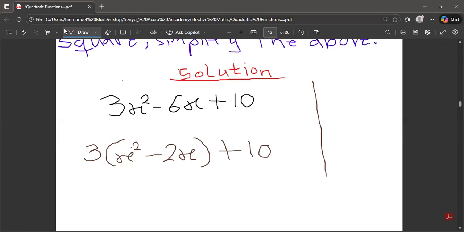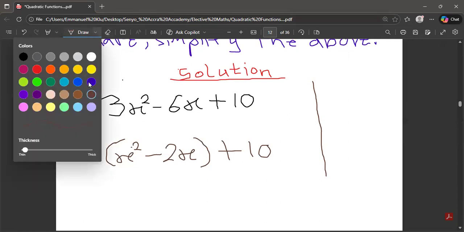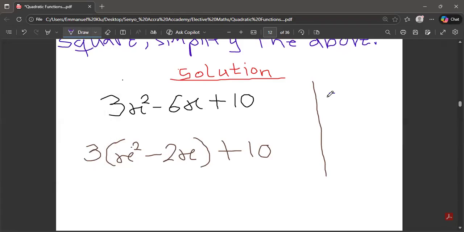So I'm going to draw a bar over here. You and I, we are going to find the value of A, B, and C, then we proceed. Okay. So I'm sure you already know because from the assignment, you are the one who did the assignment. So A is equal to 3. Alright. B is equal to -6. And C is equal to 10.